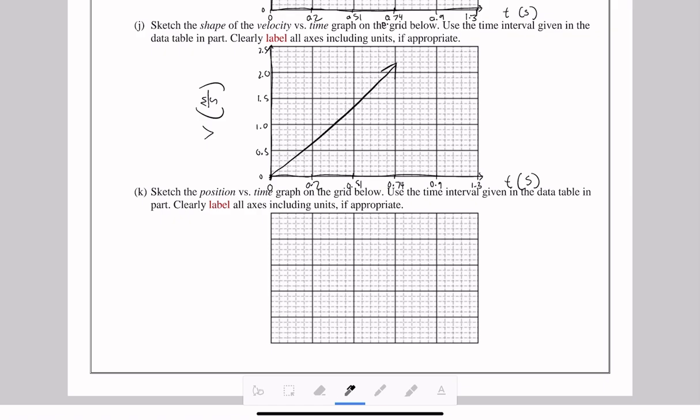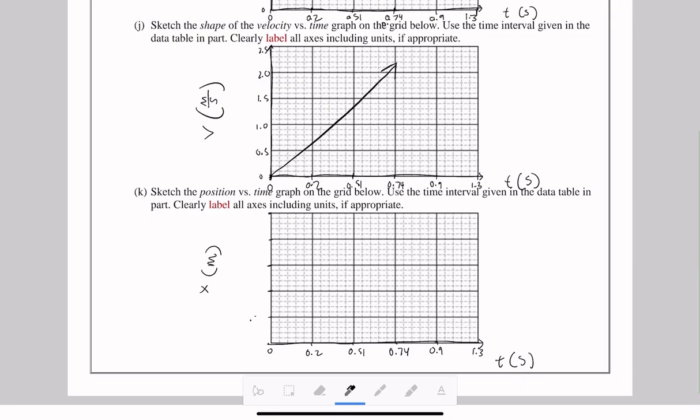Okay, and then lastly for the position versus time graph, we're going to label this x in units of meters, and then this axis is time in units of seconds. So same time interval. And then with the x values that were given in the graph already, the highest value is 1.521, so I'm just going to do 1.6 divided by 5.